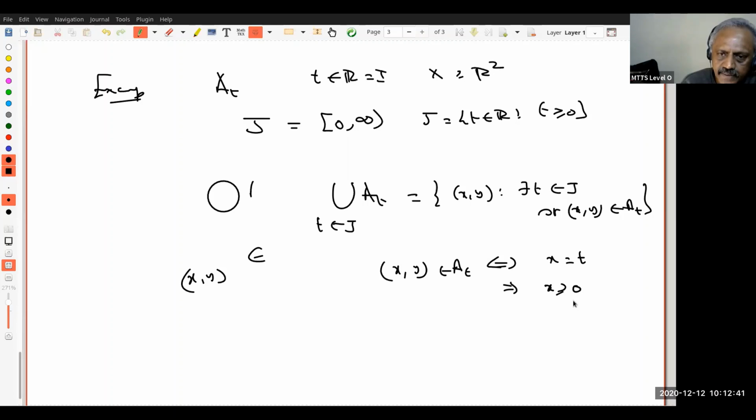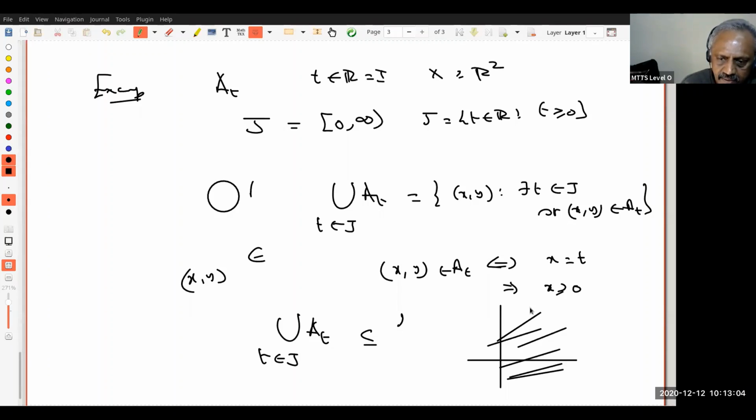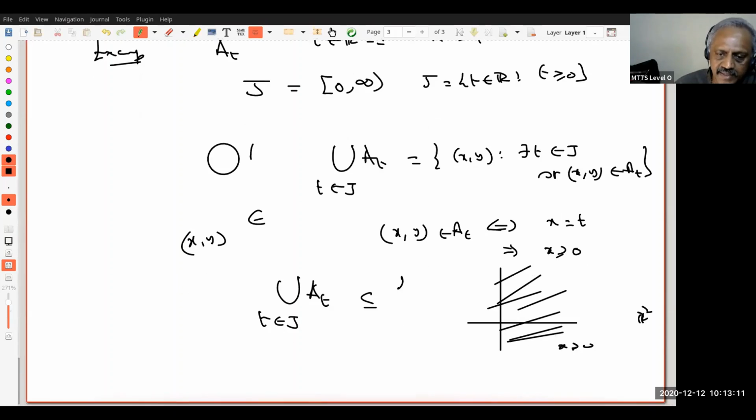Do you follow that? (x, y) belongs to A_t, but t is in J, and J consists of only non-negative real numbers. Therefore, my x must be non-negative. You follow that? Therefore, I know the union of A_t, t in J, is contained in this set, the set of (x, y) in R² with x greater than or equal to 0. Is contained in, but is it equal to? I have to prove the other one.